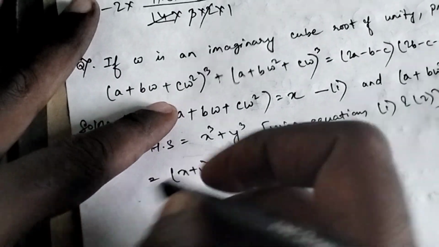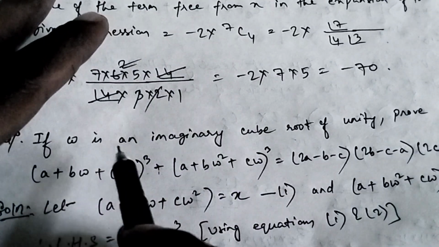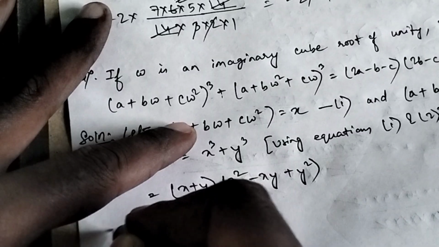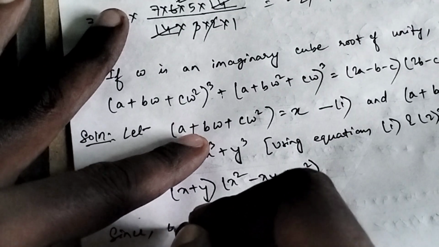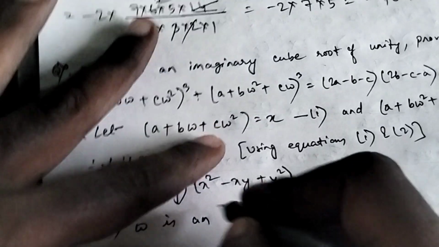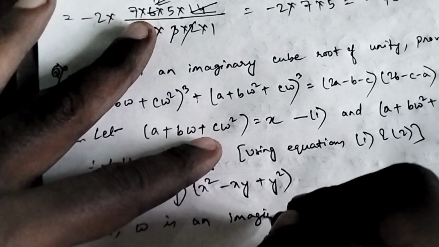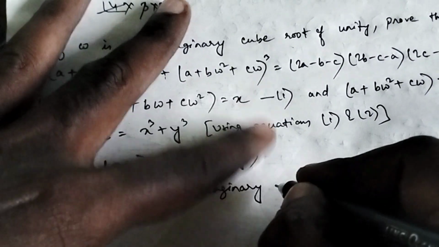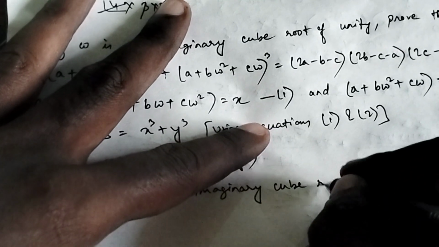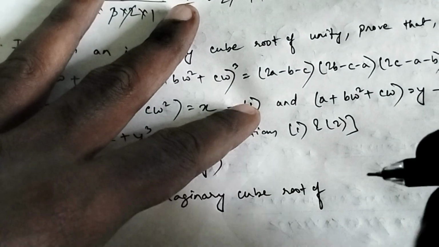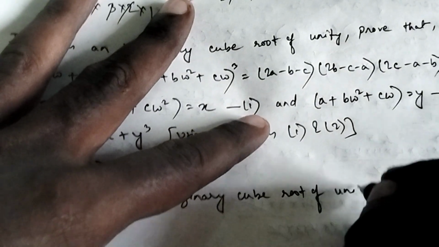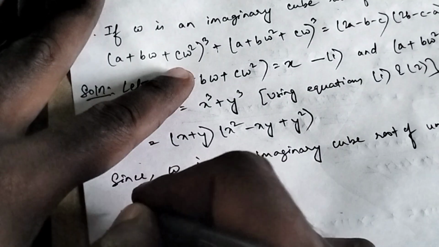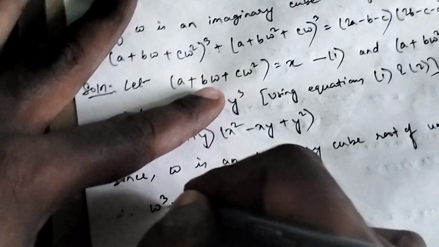Now again it has been said in the problem that omega is an imaginary cube root of unity. Since omega is an imaginary cube root of unity, therefore we can write that omega cube is equal to 1.